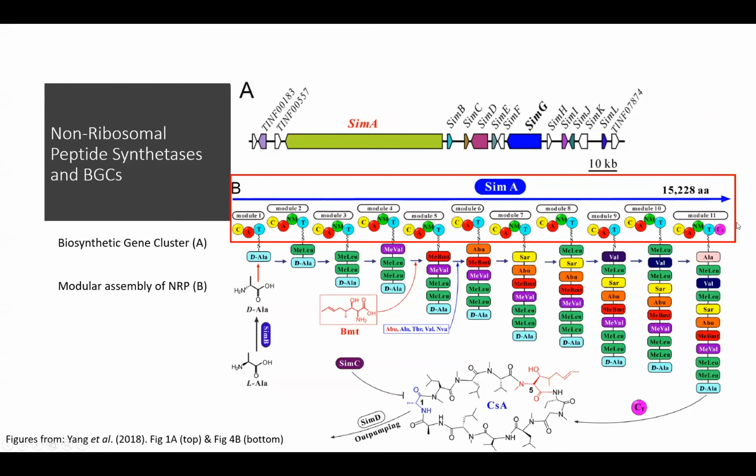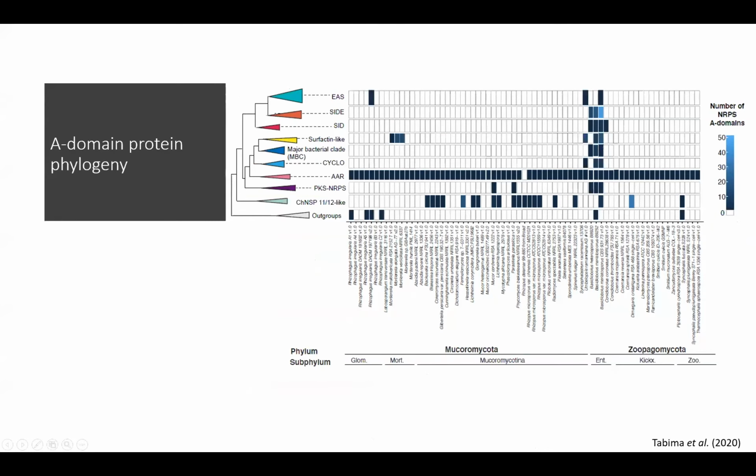Because these A domains are necessary for identifying and activating specific amino acids, and because they are conserved structures, we can use these to construct phylogenies through a protein analysis. So the A domain analyses indicate that Basidiobolus meristosporus contains these NRPS A domains to produce products from many different clades.